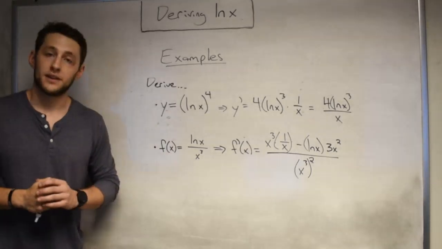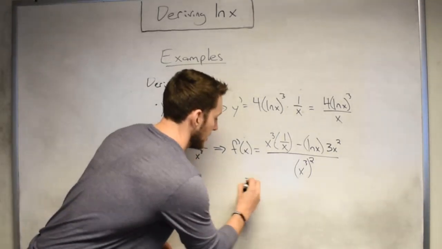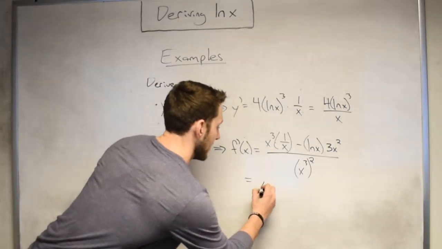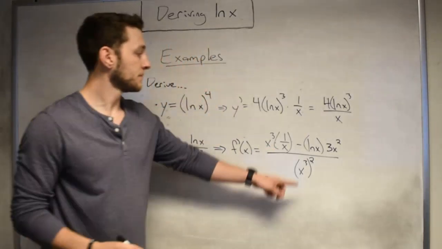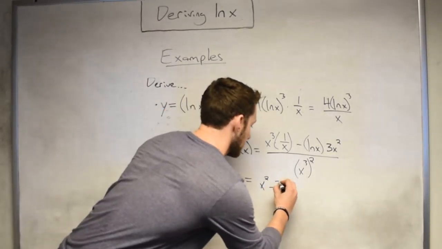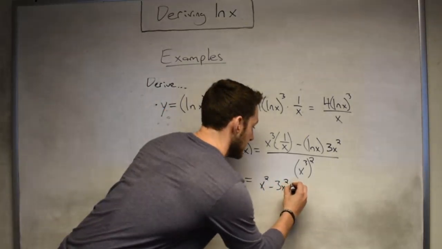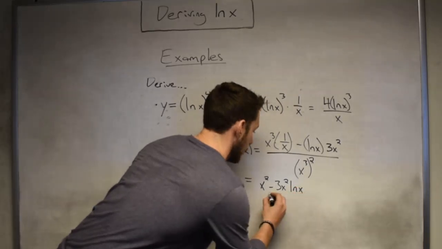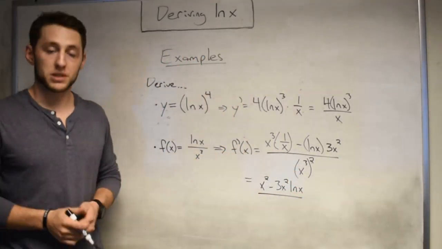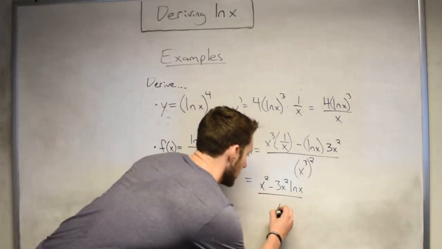In order to simplify this, we could notice the following. First, 1 x will cancel right here, so this simplifies out to just an x squared. This guy doesn't really simplify much, so I could write it as 3x squared times the natural log of x. And then power to a power means you multiply, giving me an x to the 6th.